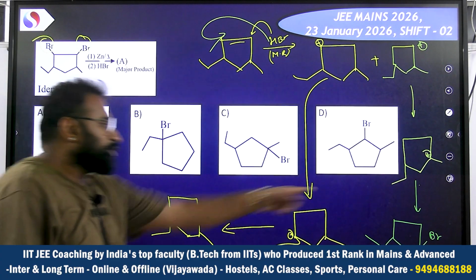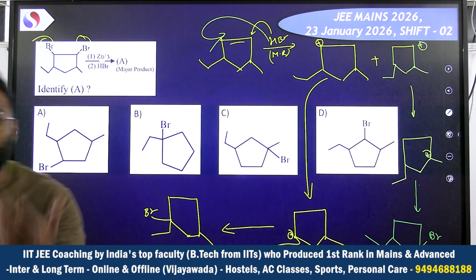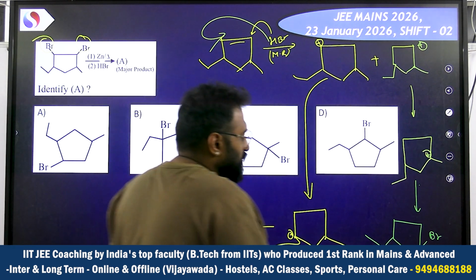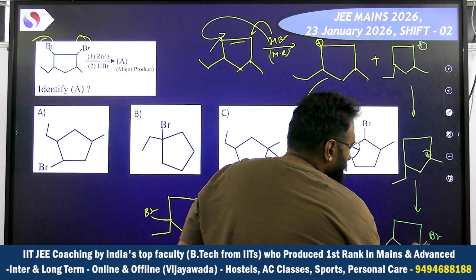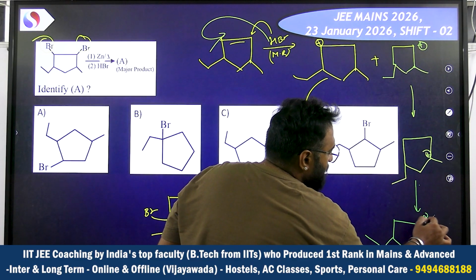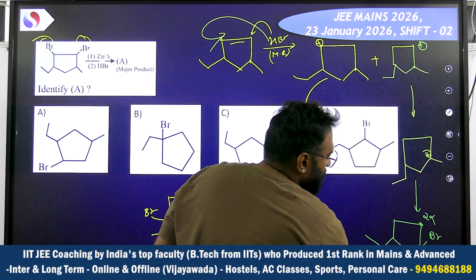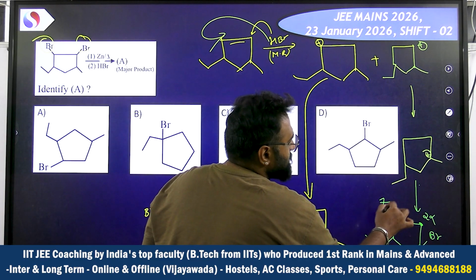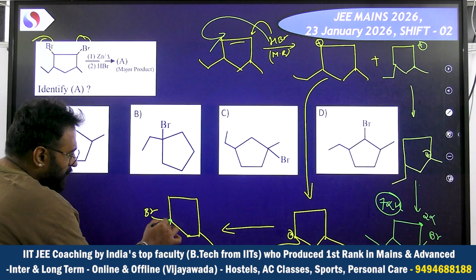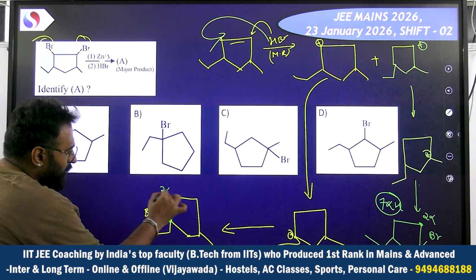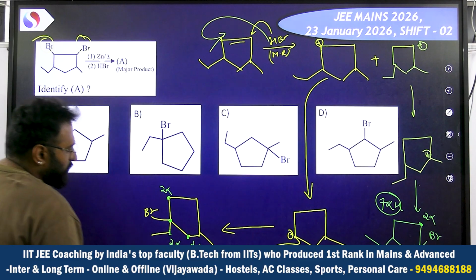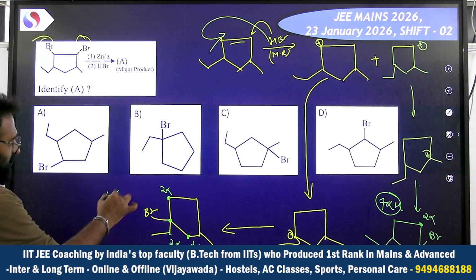Now you will say, sir, both products are possible, so which is the major product? Brother, check hyperconjugation. What is the alpha carbon? 3 alpha hydrogen over here, 2 alpha hydrogen over here, 2 alpha hydrogen over here, total 7 alpha hydrogen. And for this structure, 2 alpha hydrogen over here, 2 over here, 2 over here, so total 6 alpha hydrogen.